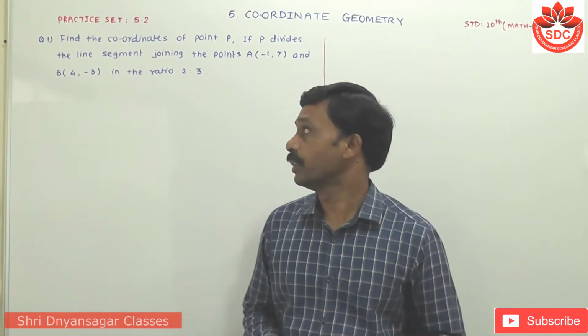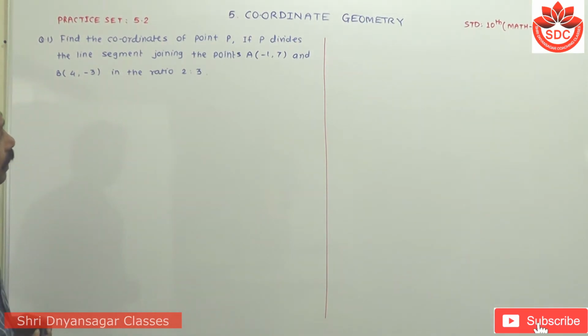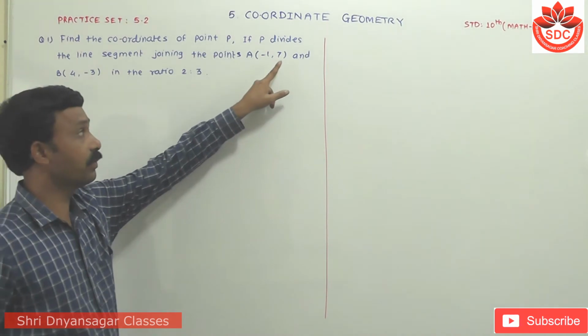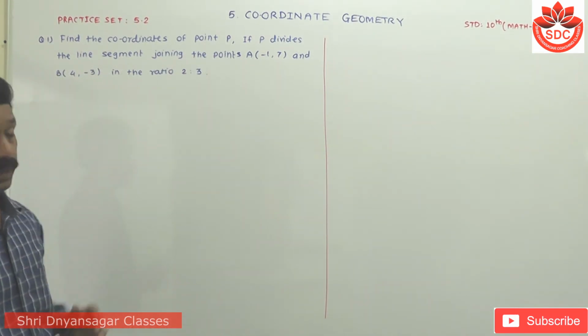The first question is: find the coordinates of point P if P divides the line segment joining the points A(-1, 7) and B(4, -3) in the ratio 2 is to 3.